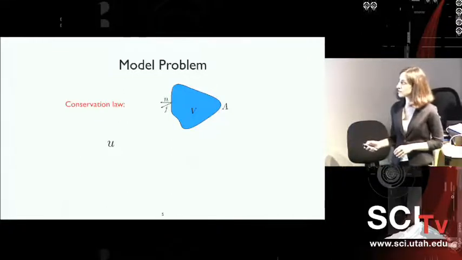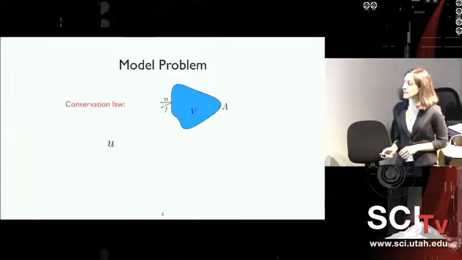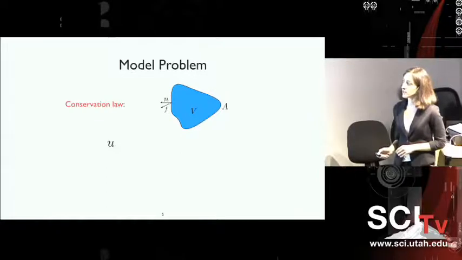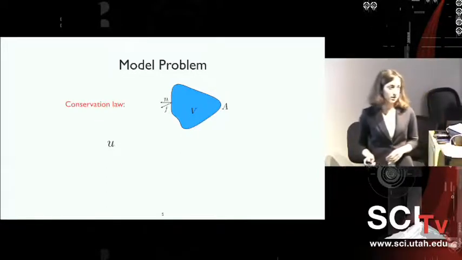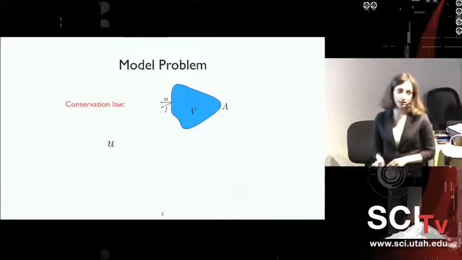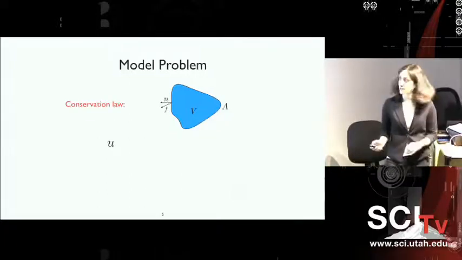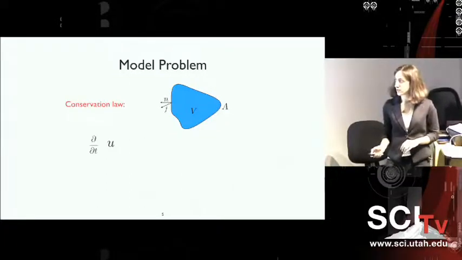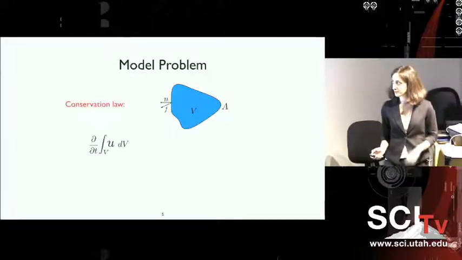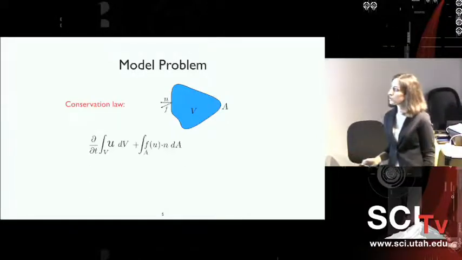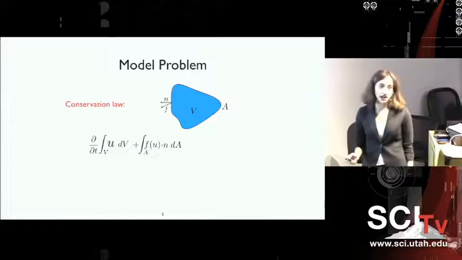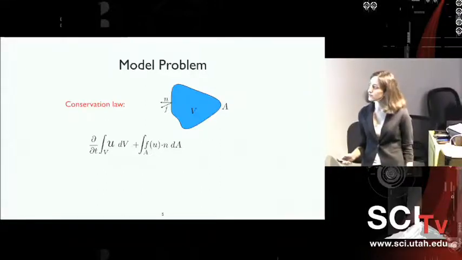Let's say that we have this control volume V, and we are interested in the rate of change of some variable u that could, for example, represent energy, momentum, angular momentum, and etc. So we are interested in the rate of change of this variable within the volume V. And also, we denote the rate at which this variable leaves and enters the volume V through the boundary A with this term, and we call it the flux.